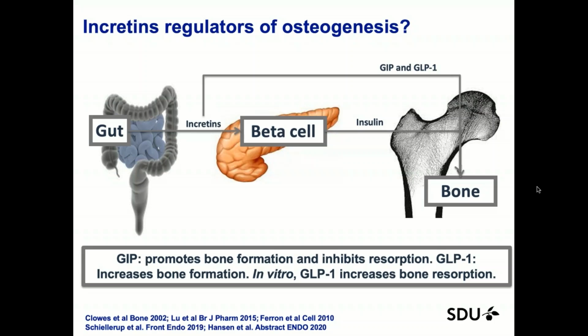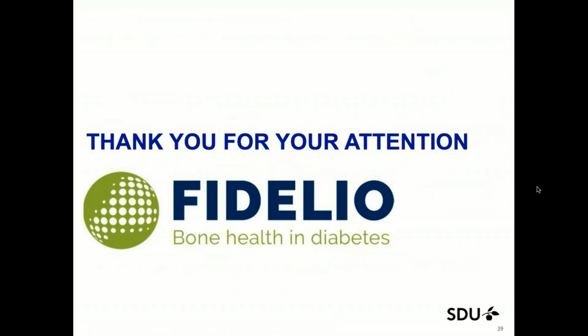And in vitro, it seems to be increasing bone resorption. Now, in the future, we might see drugs that combine GLP-1 and GLP-2, and there are companies pursuing combinations of GLP-2, which is an anti-resorptive drug, and GIP. So it may be that we, in the future, will be able to use these drugs for the treatment of bone disease in diabetics.